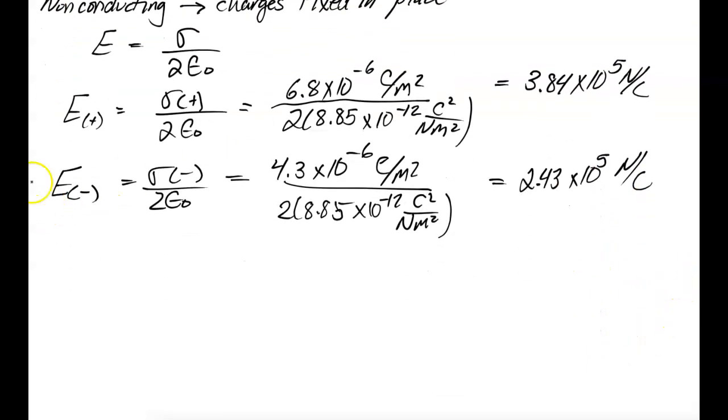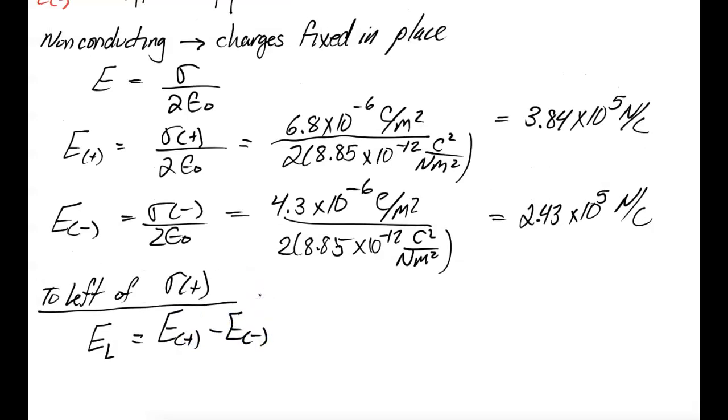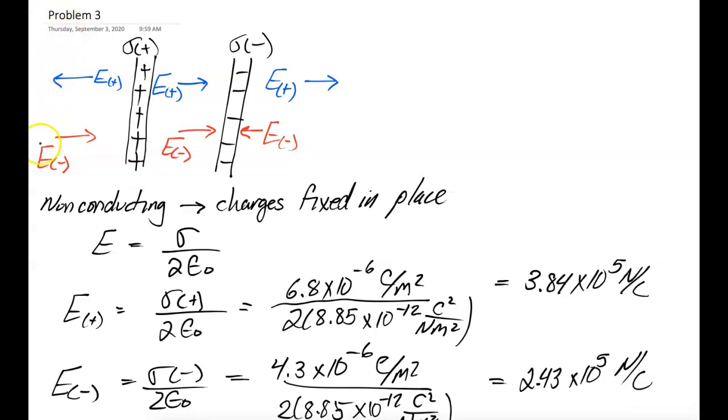And now, if we look at the region to the left of the plus distribution, we're going to find that the electric field on the left is going to be the difference between E plus and E negative, because they're going in opposite directions.